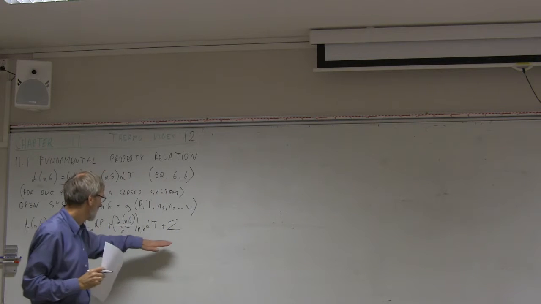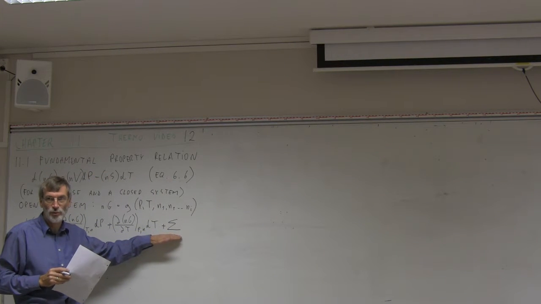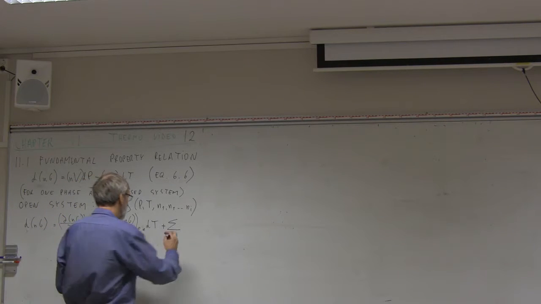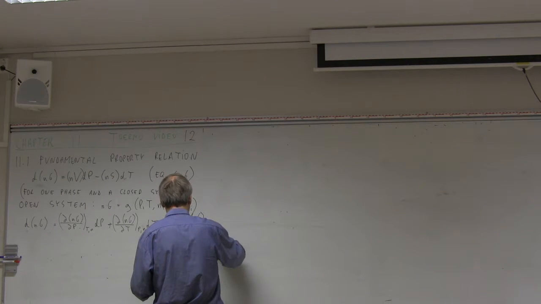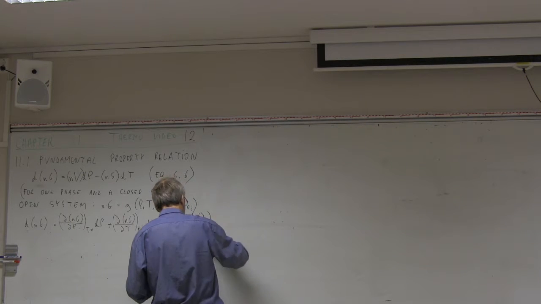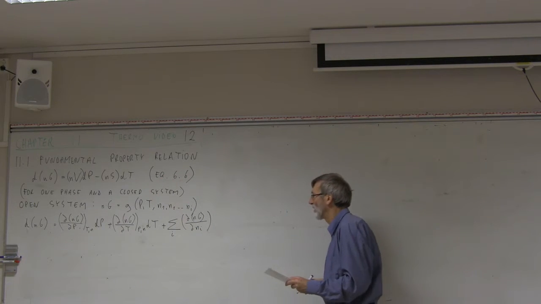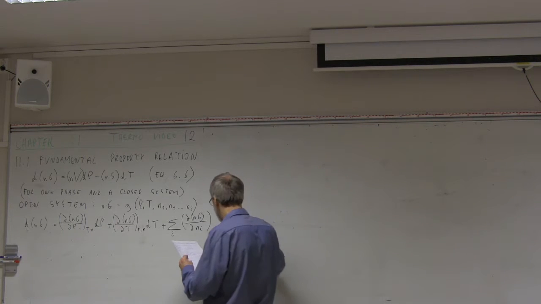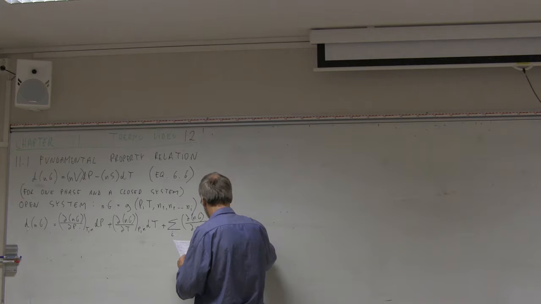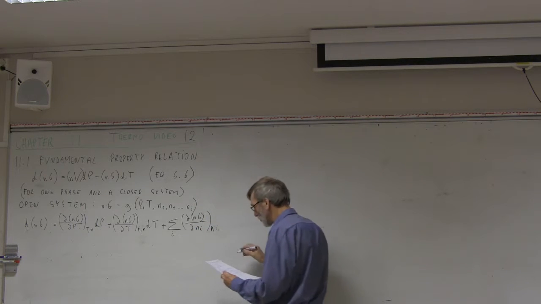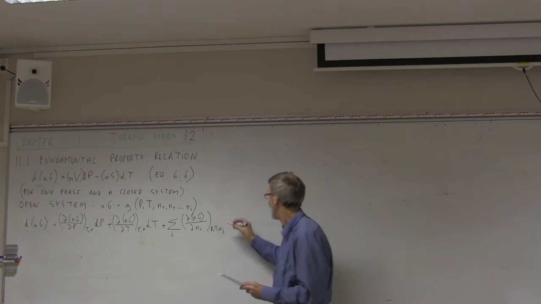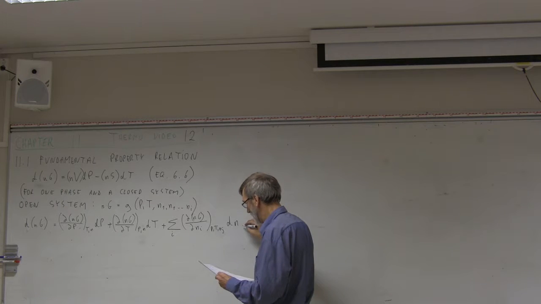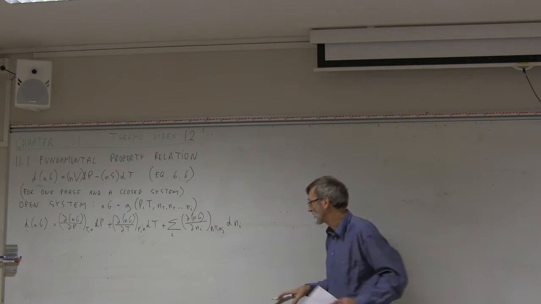And then we have this extra term, which is due to the open system: if we add some components, we have to add the change of the property with each component, keeping all the other components constant, and multiply with the actual addition.